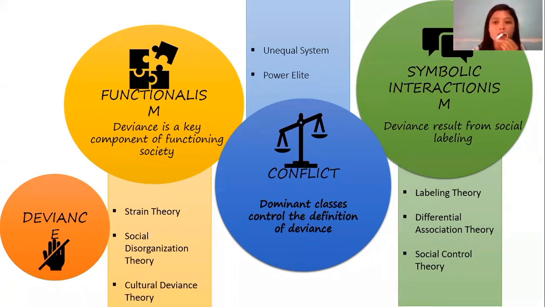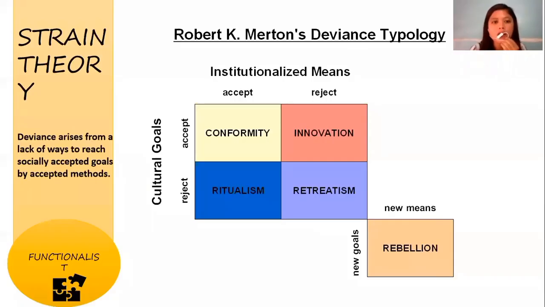There are some disagreements in some norms that are being established. And therefore, it challenges the society to rethink or redefine those norms. Next, we will discuss the first theory under functionalism.